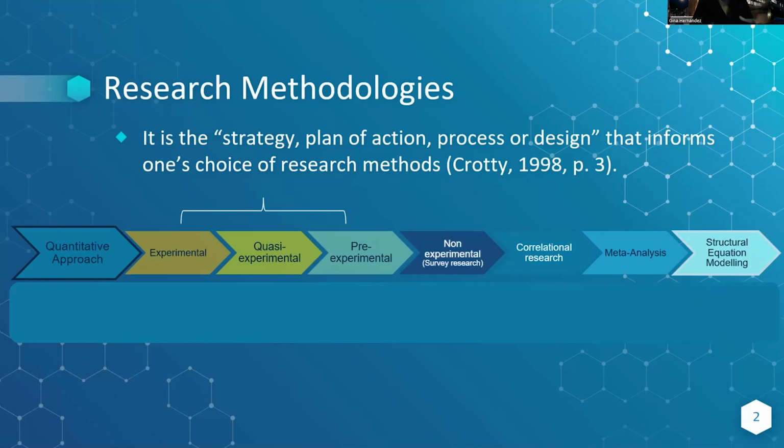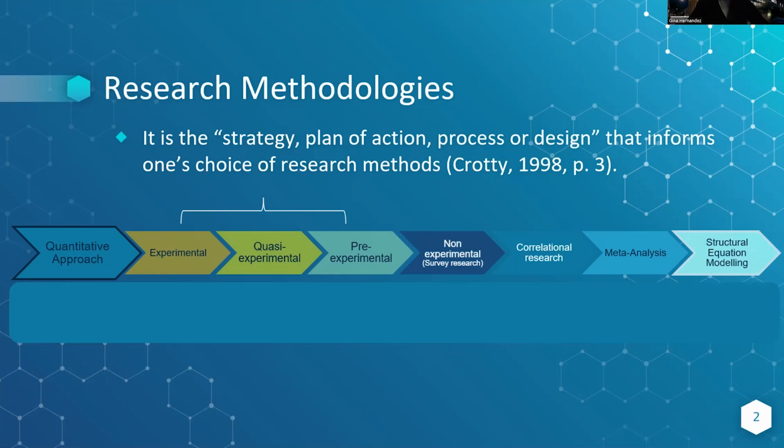So within the quantitative approach, we have several research methodologies. And there I show you that we have the experimental method, the quasi-experimental design, the pre-experimental, the non-experimental, the correlational, the descriptive.